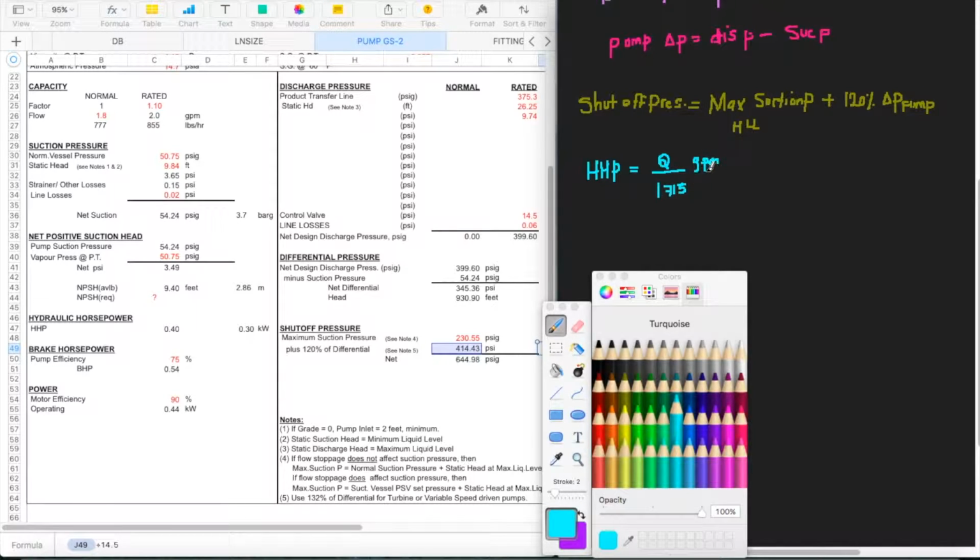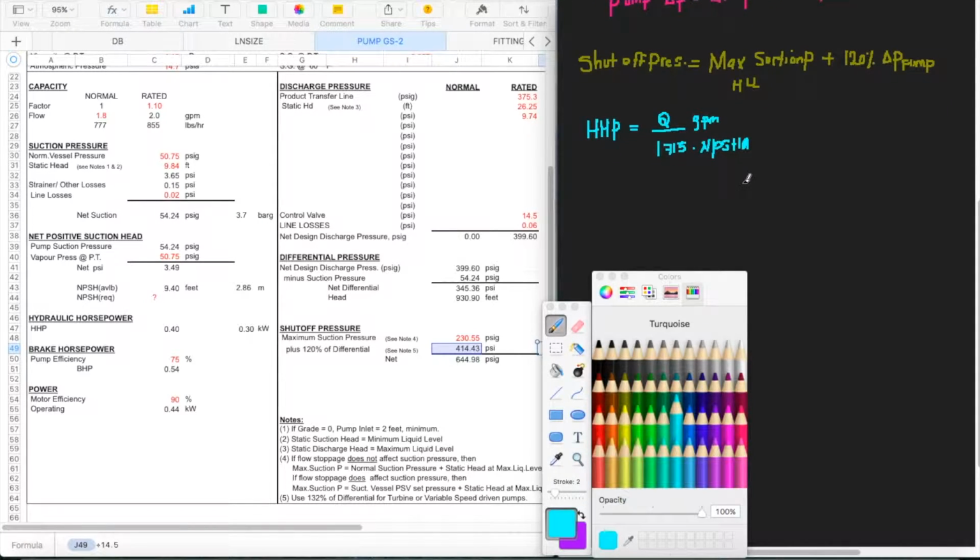This is to change the units, and multiply by NPSH, which we have 0.4 here as the horsepower.